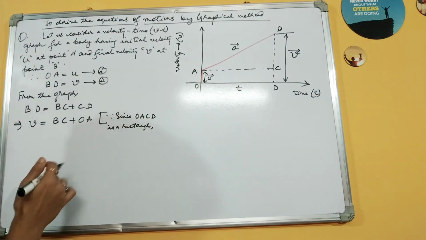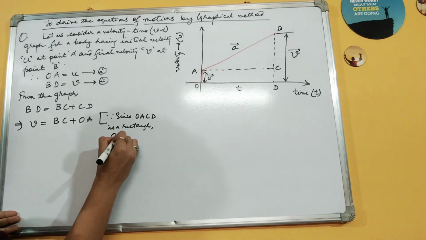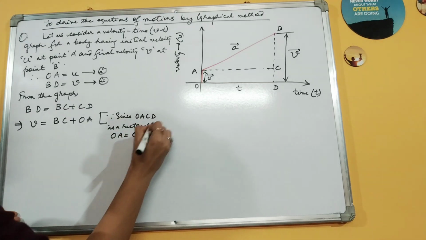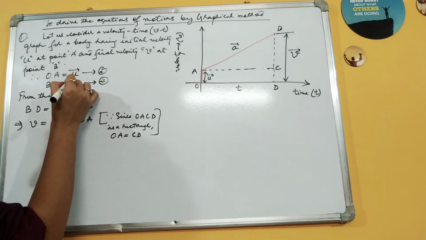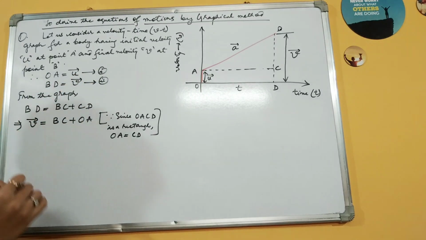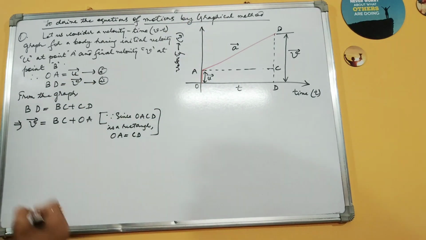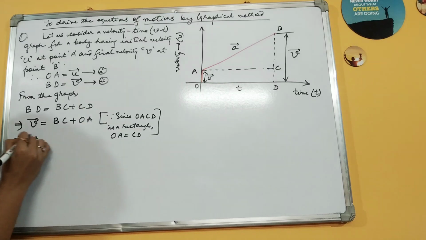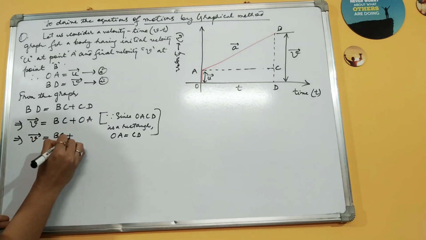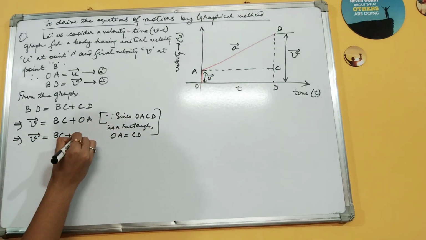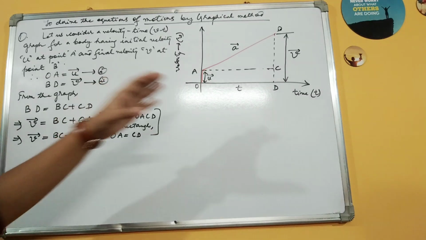So you can say the breadths are equal, so you can write OA is equal to CD. Please इसको बार दे देना क्योंकि we are proving the vector quantities. So V bar is equal to BC plus what's the value of OA? U bar.